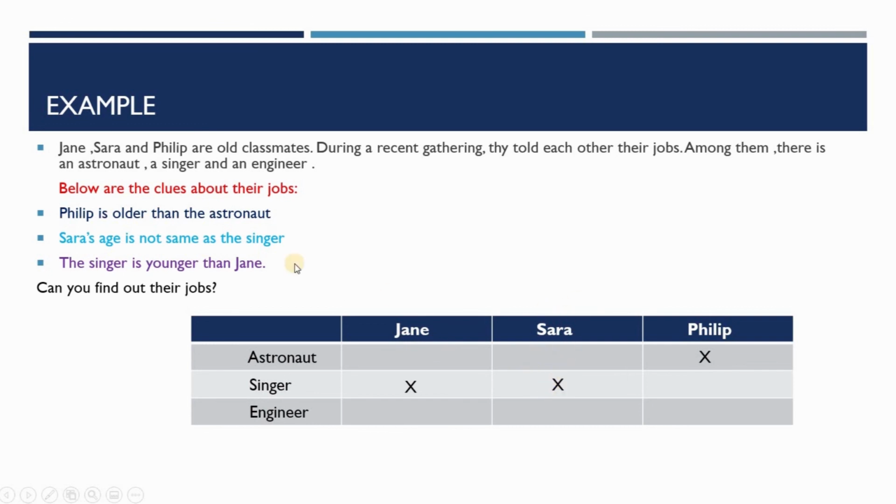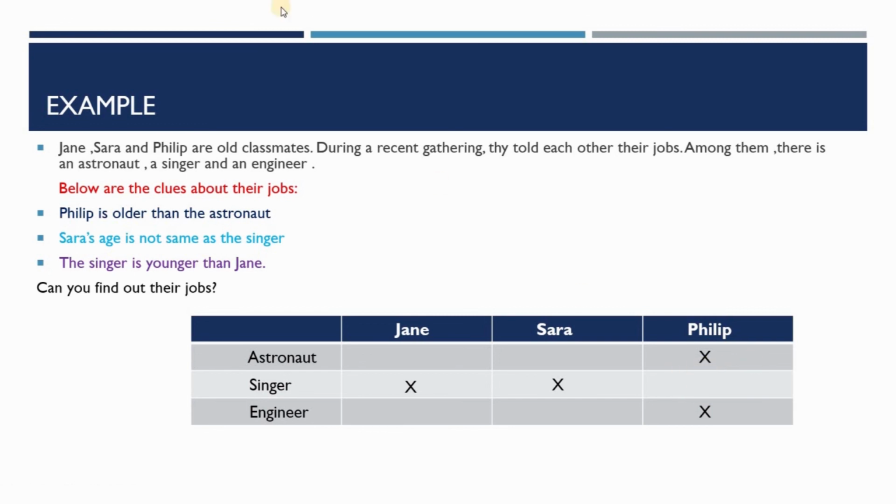And also we know Jane is not a singer either. So therefore Philip should be the singer, because there are only 3 persons and 3 job titles, and each of them is doing one of these jobs, right? So if Sarah is not a singer and Jane is not a singer, then Philip is the singer.